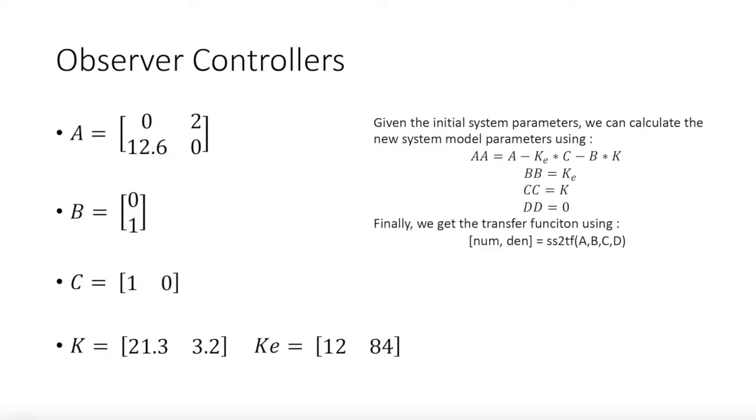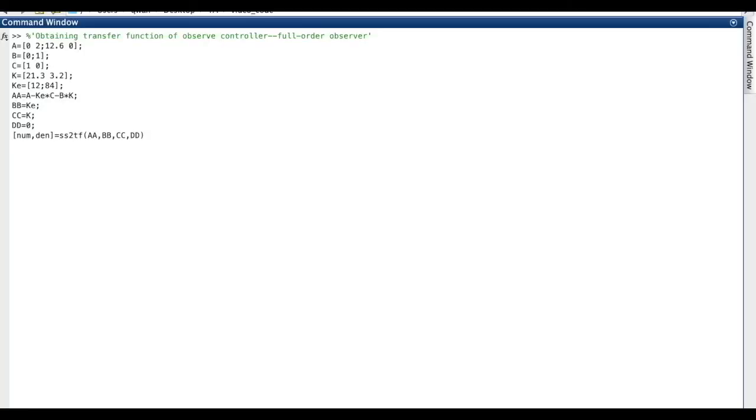In the previous examples we found K and KE to be 21.3, 3.2, and for KE 12 and 84. You can see that the coefficients for the numerator and denominators are computed like that.